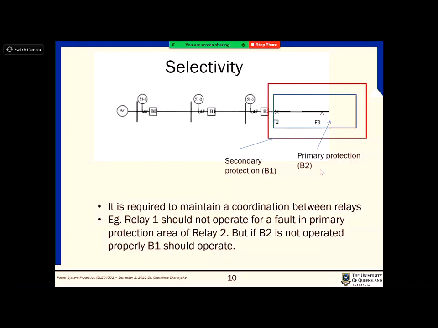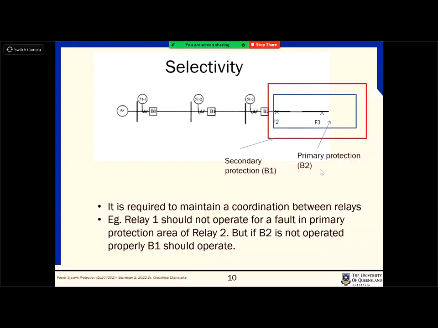Let's say whether a fault happens here or at another location, the relay should be able to identify the difference between these two. That is called selectivity. And that requires, as we will learn later, something called relay coordination, which means the relays have to coordinate with each other and take actions. So for that purpose, selectivity is quite important.